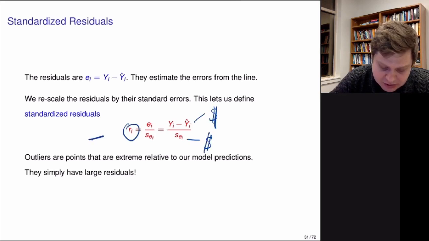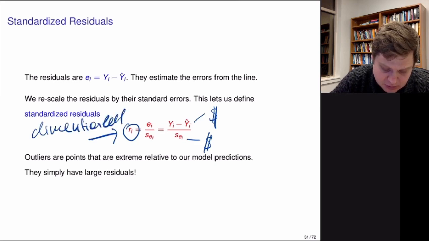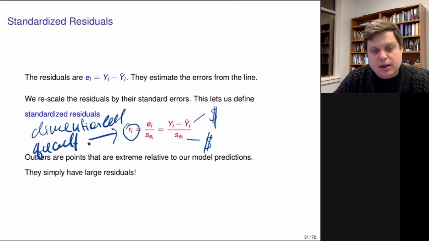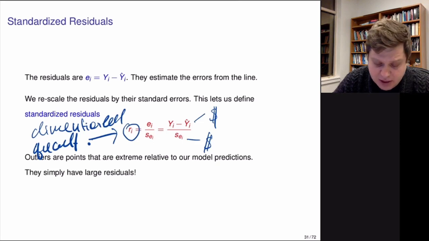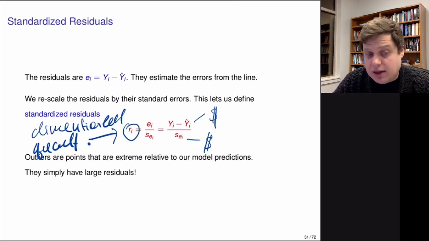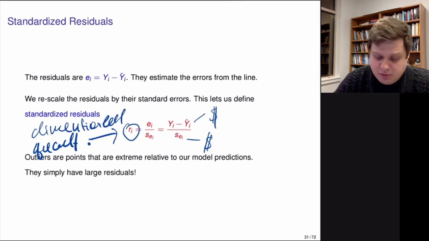So the standardized residual is a dimensionless quantity. All right. Just remove the dimensions, and then it will allow us to compare standardized residuals across models. Okay. And then another concept we should mention is the concept of an outlier. An outlier is just a point that is far away from the line, meaning that the residual for this point is large.